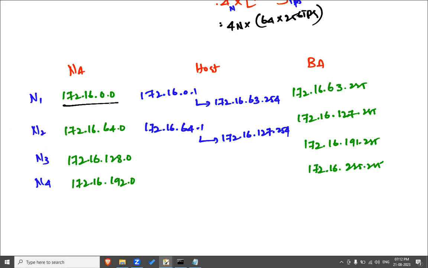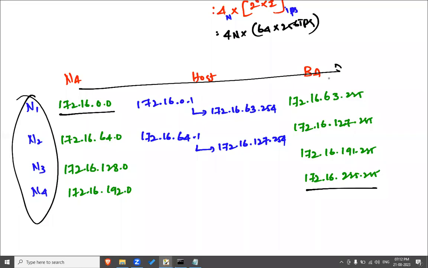We started with 0.0 and ended with 255. How many networks did we get in between? 4 networks. How many IPs in each network? 64 into 256. Good.